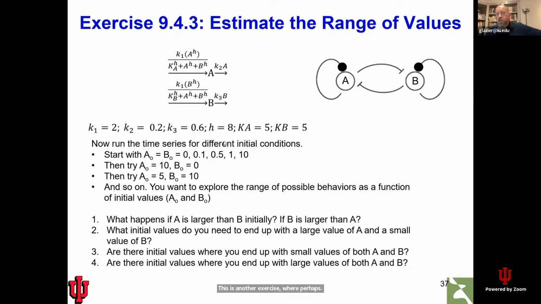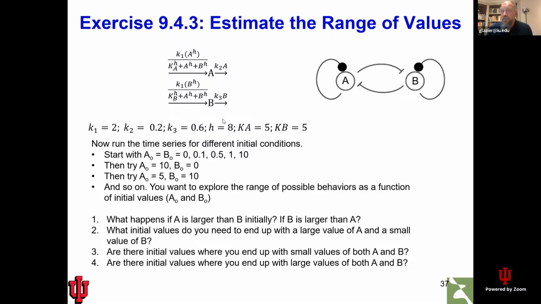Something that is useful to do when you're starting out, when you don't know how the system is going to work, is to run it for an initial set of values of A and B. For example, 0.1, 0.5, 10. And then see what the typical output values of A and B are. Don't run it for very long. Just run it for a short amount of time.